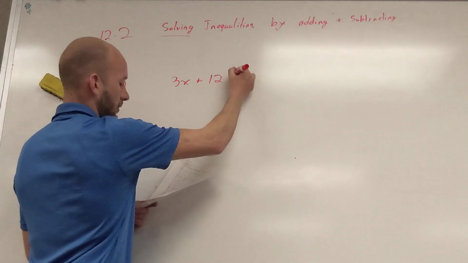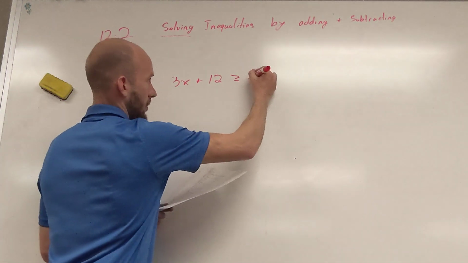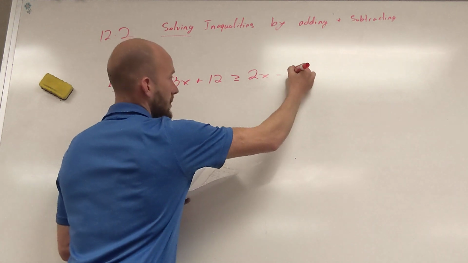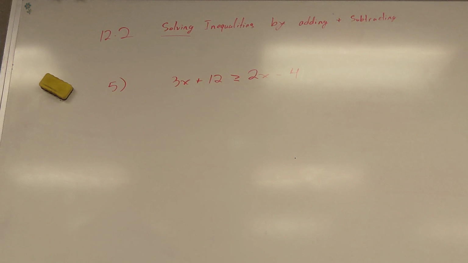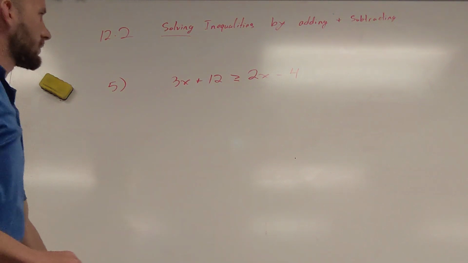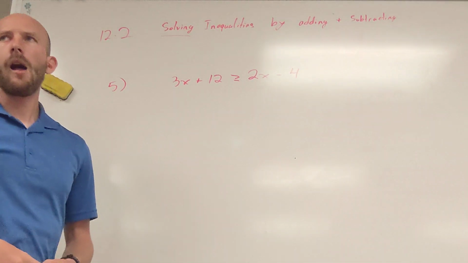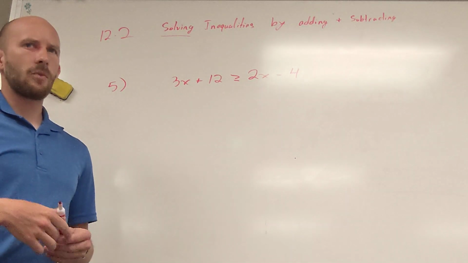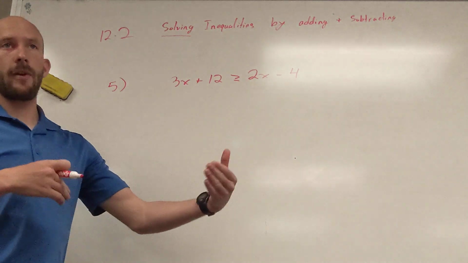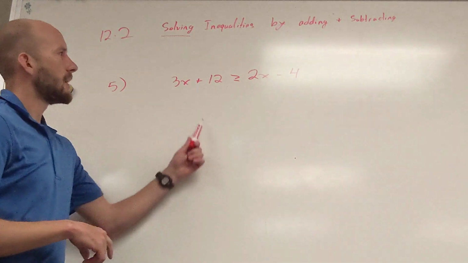So we've got 3x plus 12 is greater than or equal to 2x minus 4. And this is going to be kind of working on something that we're going to do more of later when I have variables on both sides of the equation.